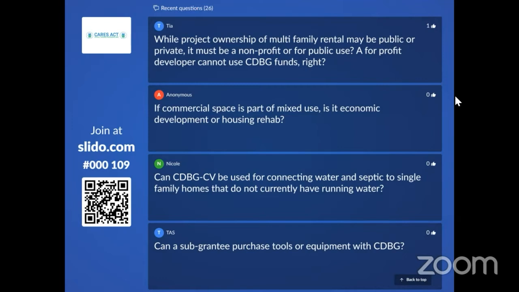Can CDBG-CV be used for connecting water and septic to single family houses that do not have running water? The only way you can do that is as a rehab activity under 570.202.